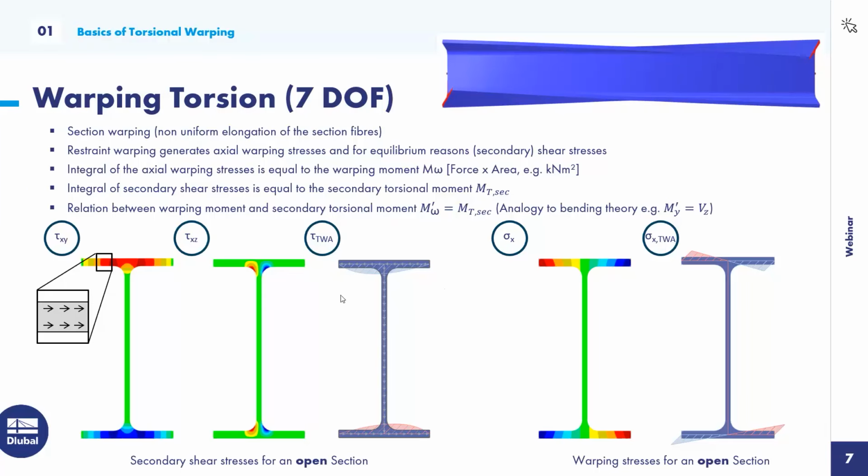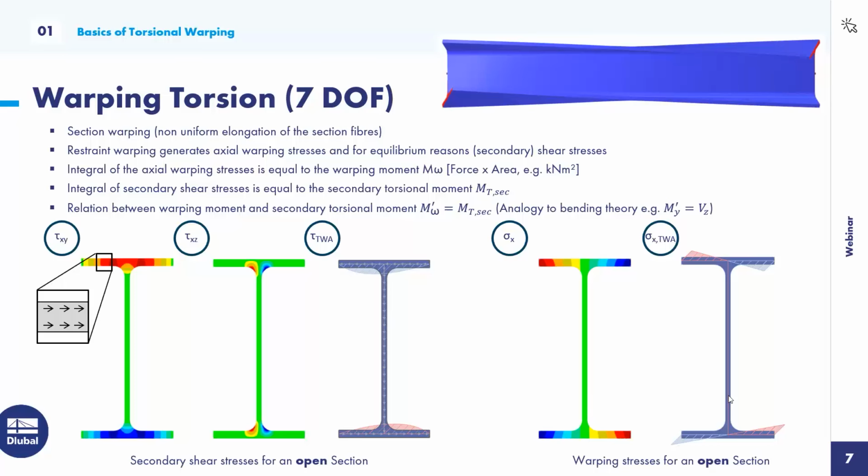This looks a lot like the shear stresses that are coming from shear force acting in the web and corresponding to the elastic bending stress distribution for bending around the strong axis in such a profile here. The integral of the axial warping stresses is called the warping moment or bi-moment, whereas the integral of the secondary shear stresses forms the secondary torsional moment.